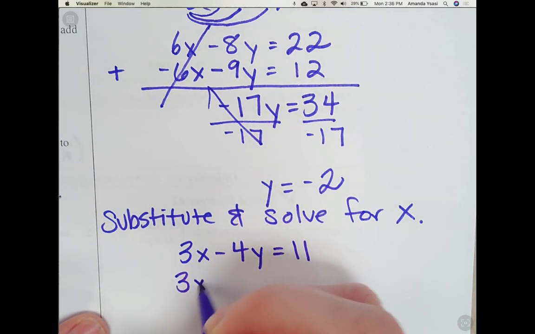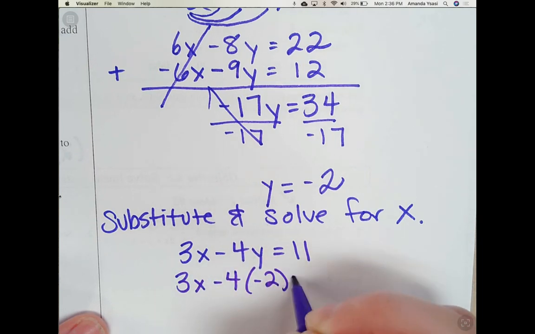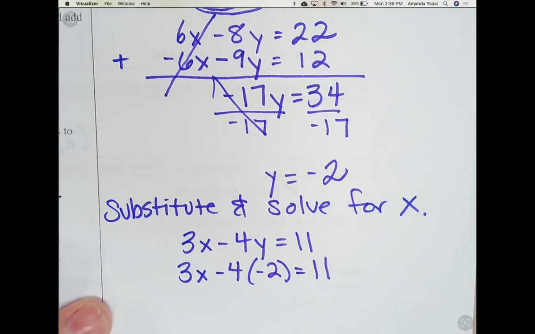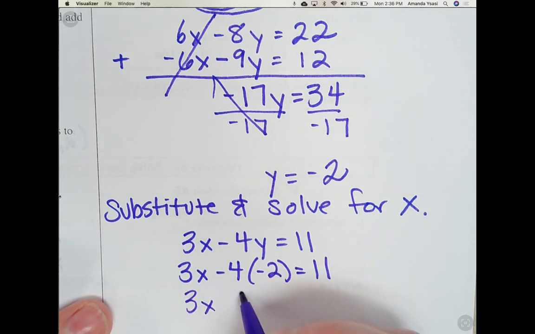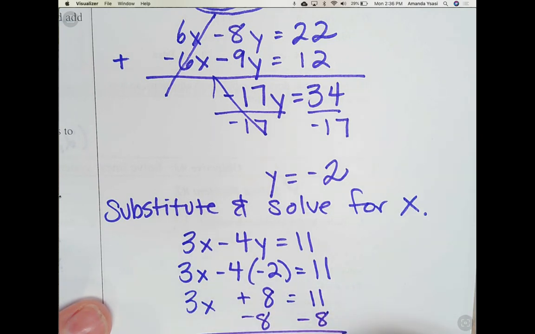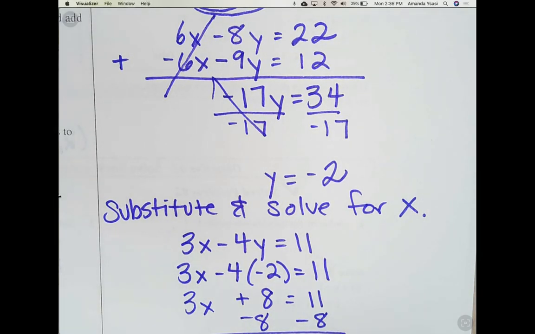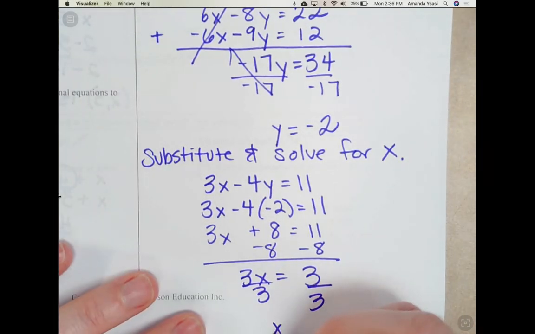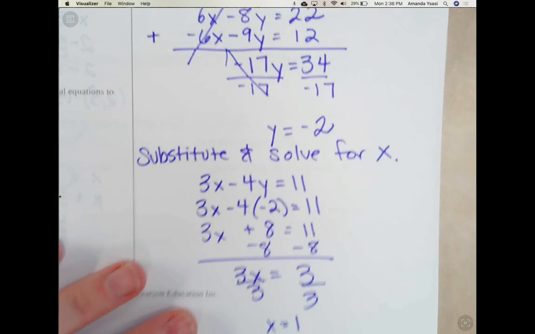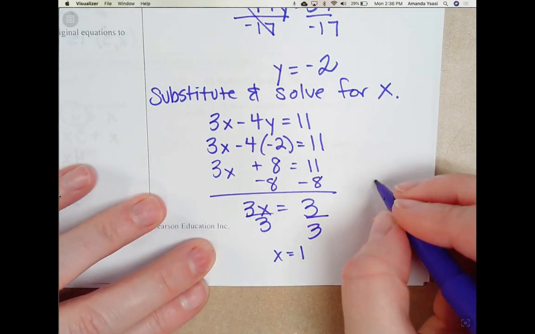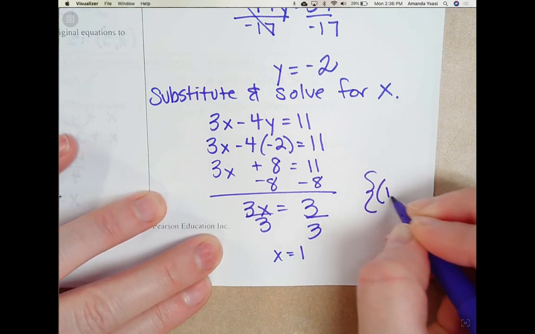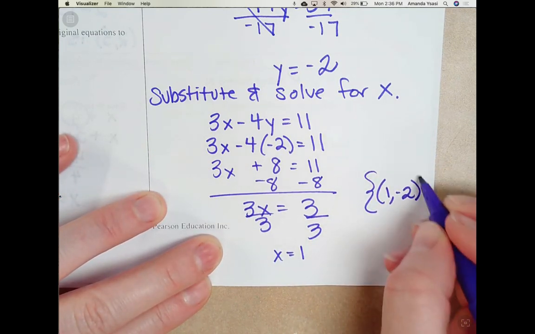So it'd be 3x minus 4 times a -2 equals 11. So 3x plus 8 is 11. So minus 8, 3x equals 3. Divided by 3, x equals 1. So we have an x and a y value. So our solution set is x, y, so 1, -2.